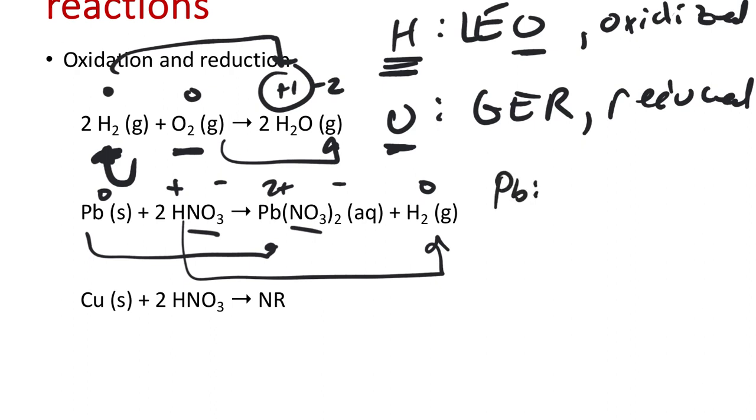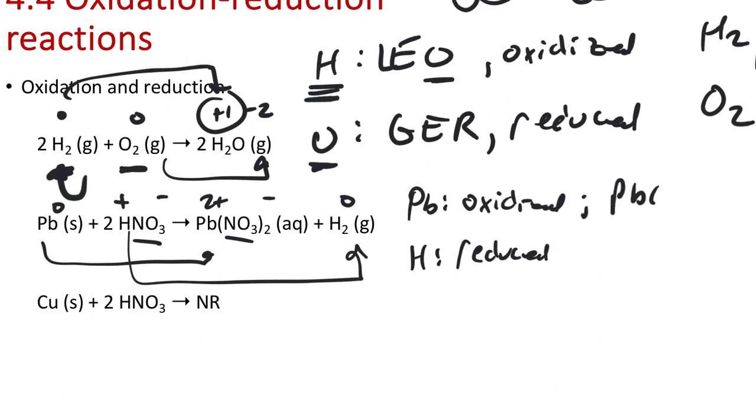So did lead undergo oxidation or reduction? Was lead oxidized or reduced? Lead lost electrons. Losing electrons is oxidation, so lead is oxidized. And then the H here is going from plus to 0. It's gaining electrons. So hydrogen in this reaction, the H atom, is undergoing reduction. And it's reduced.